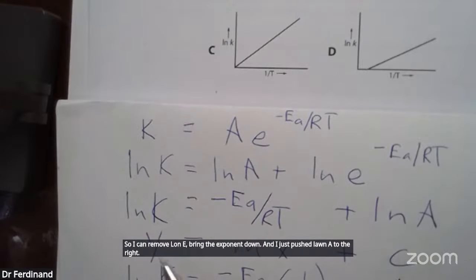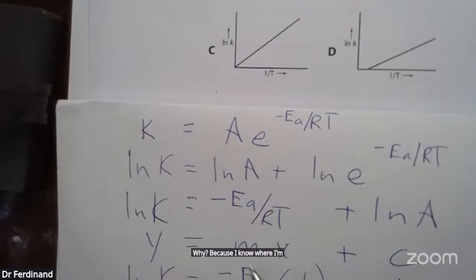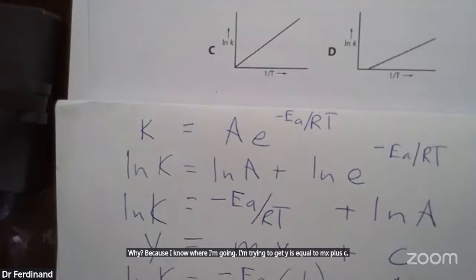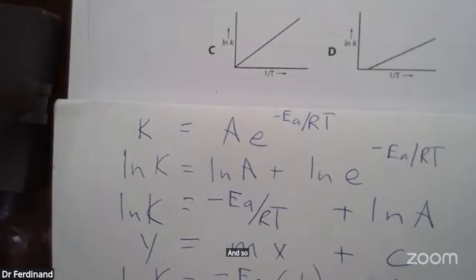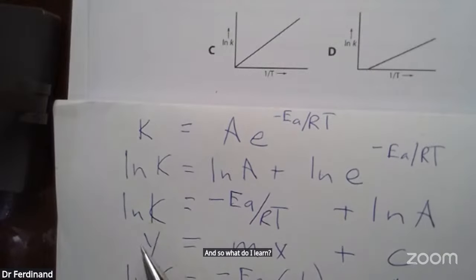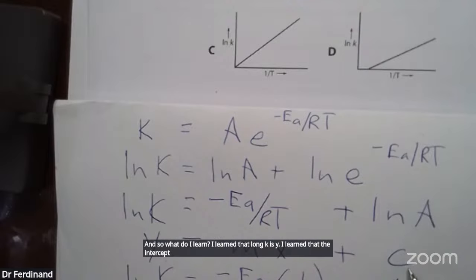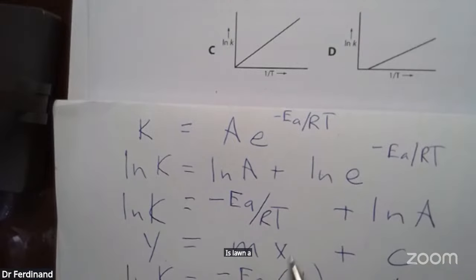Why? Because I know where I'm going. I'm trying to get y = mx + c. And so what do I learn? I learned that ln K is y. I learned that the intercept for the y-axis is ln A, and the slope and x have to be in here.